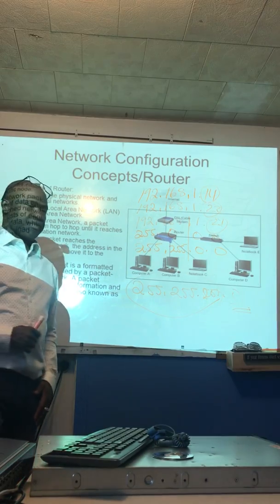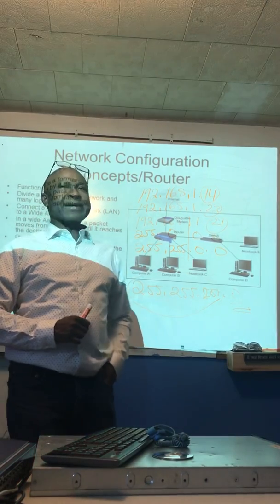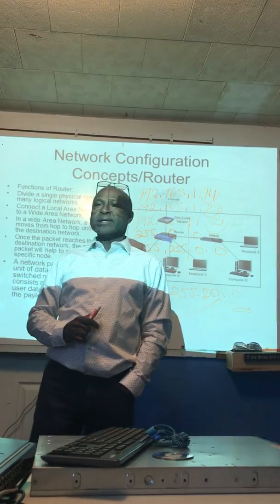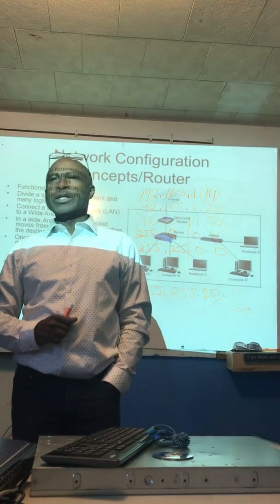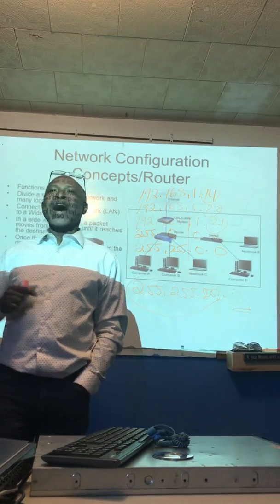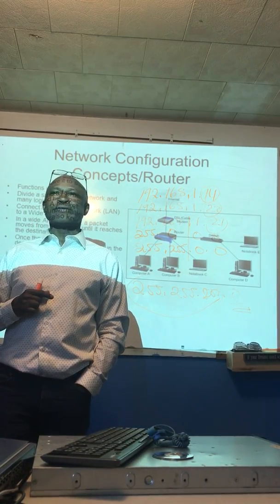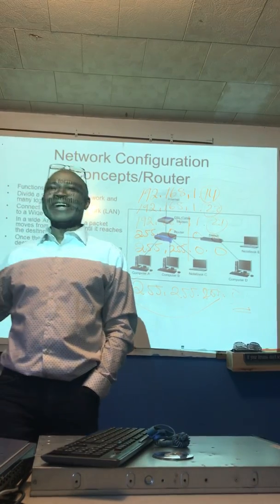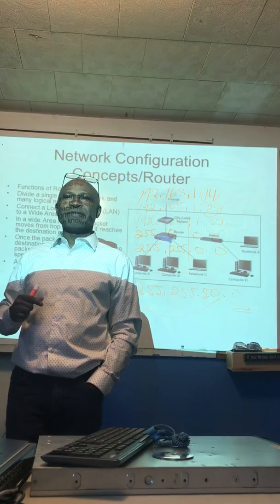Now, when the router figures out that this data does not belong to this network, it is going to another network, what the router does is send this data to the gateway.